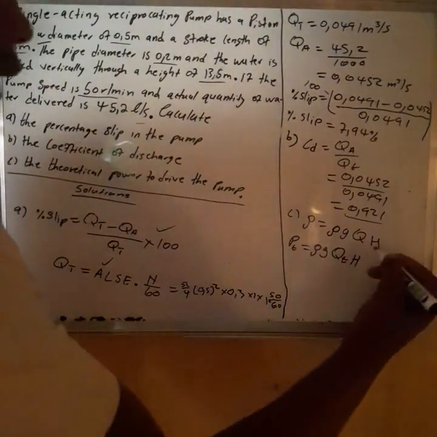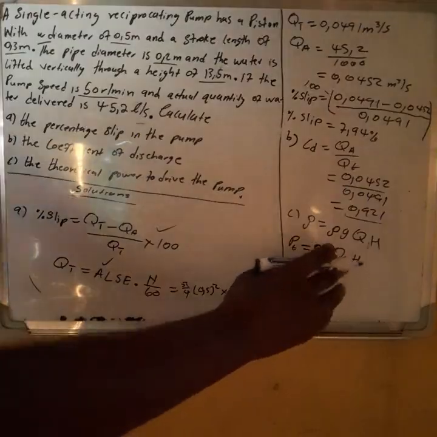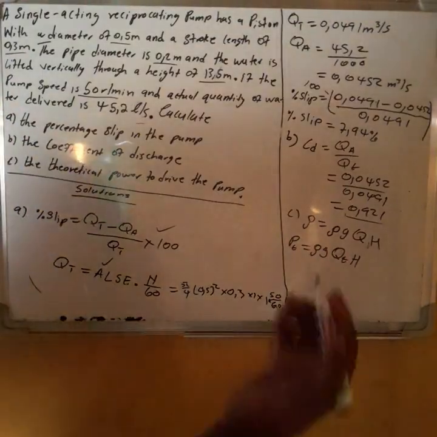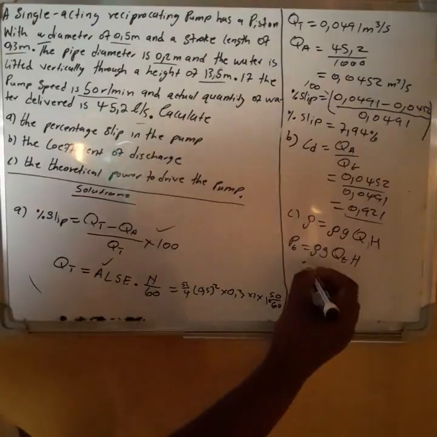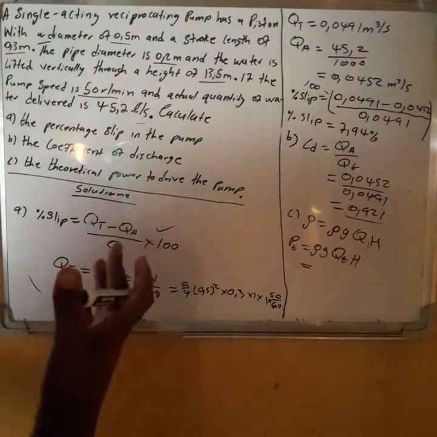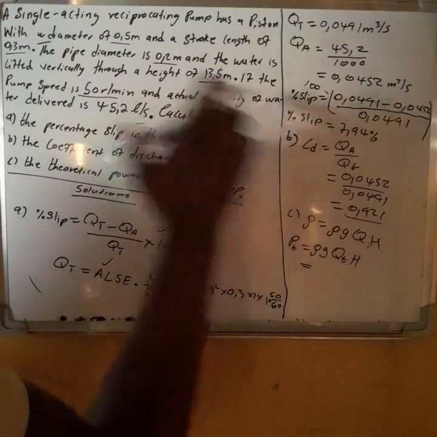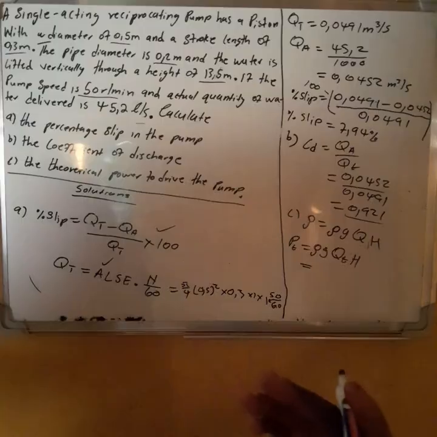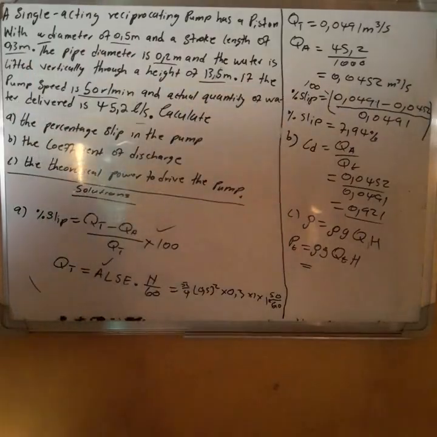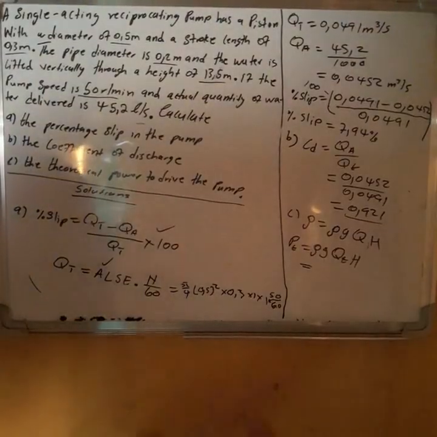If it is actual, this must be the actual discharge. Since it's theoretical, it will be Q of the theoretical discharge. We know it's water that is being supplied. When dealing with fluid mechanics and they say water, you must know that the density is 1,000.